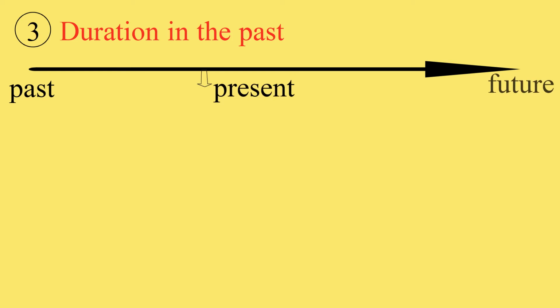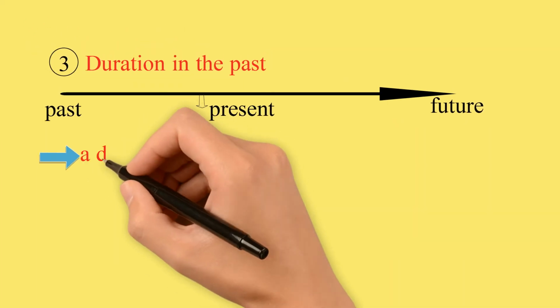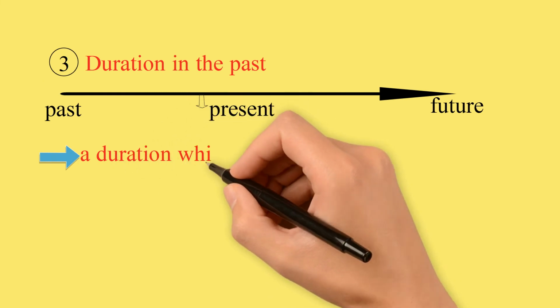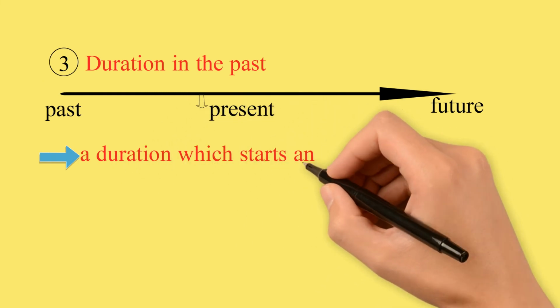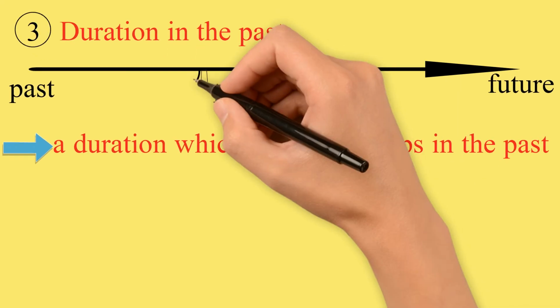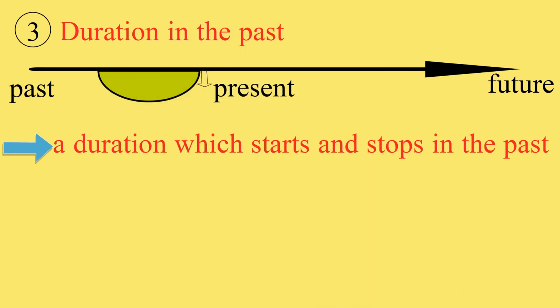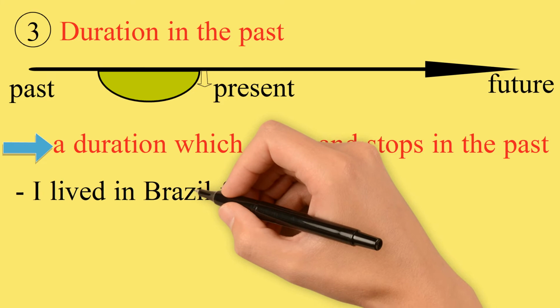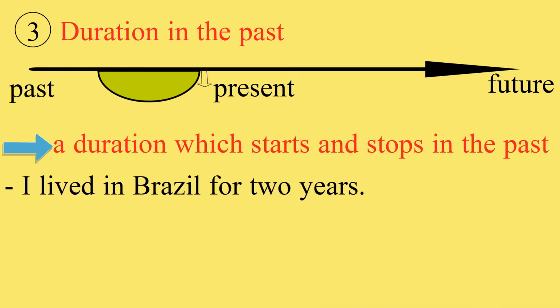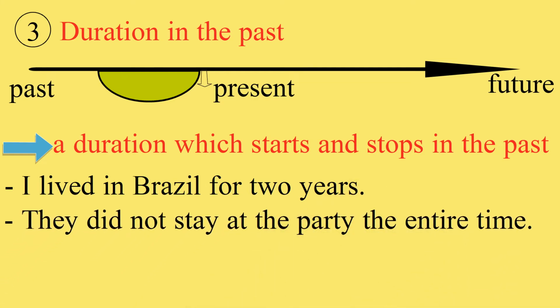A duration is a longer action often indicated by expressions such as for 2 years, for 5 minutes, all day, all year, etc. For examples, I lived in Brazil for 2 years. They did not stay at the party the entire time. How long did you wait for them?